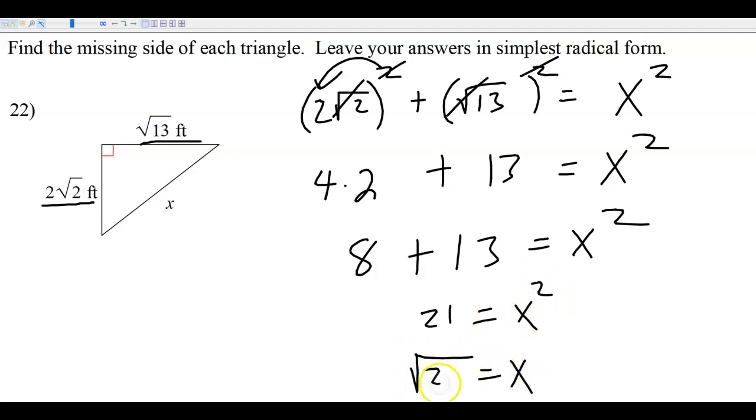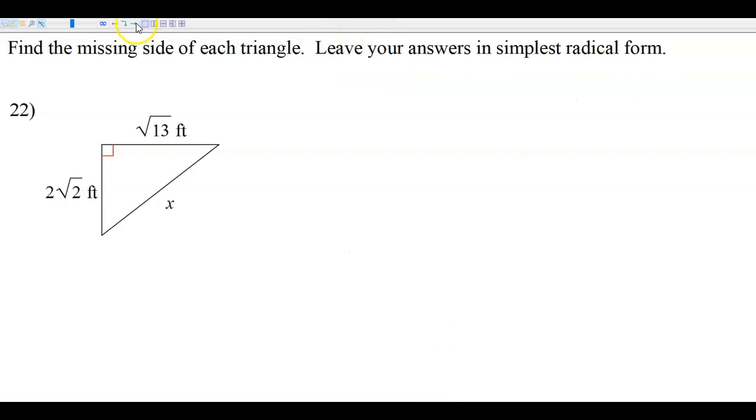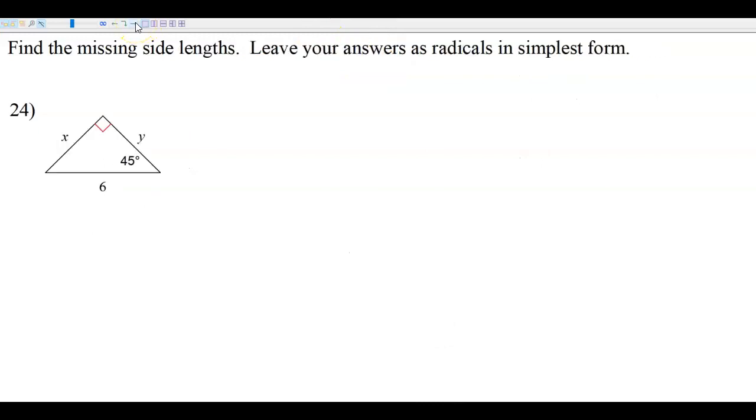Typically, when you take a square root, you do get a plus and a minus answer. But when we're doing geometry, we only take the positive answer. You should also try to break down your square roots, but 21 only breaks apart into 3 and 7, so there's no pairs to take out. So that is the simplest form of that answer. So the hypotenuse would be the square root of 21 for this particular problem. Let's go ahead and take a look at number 24.